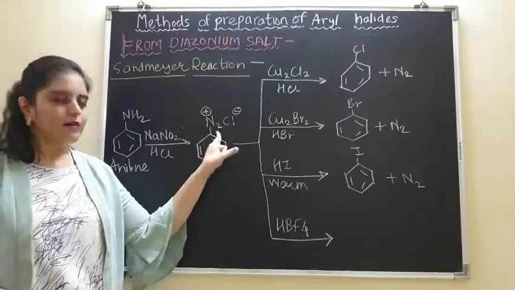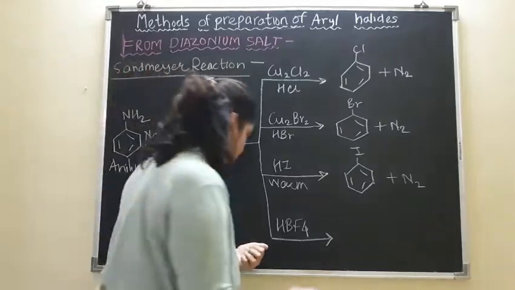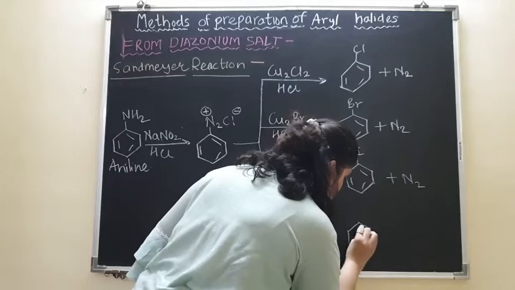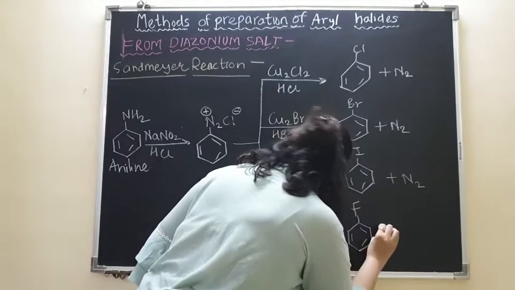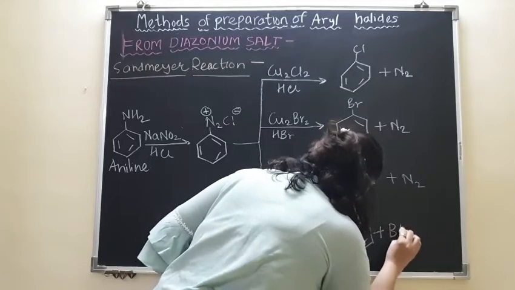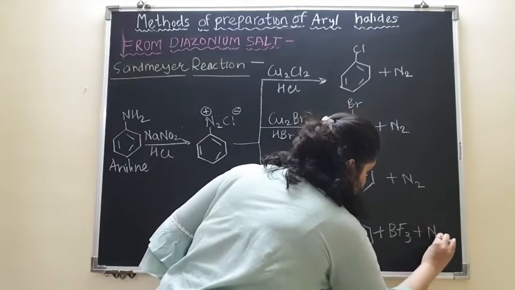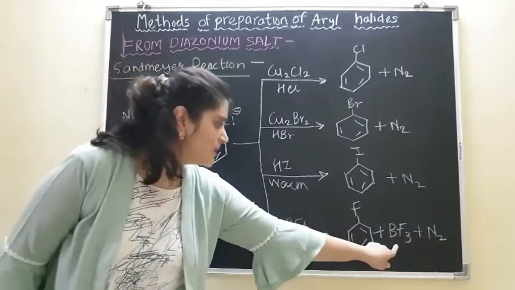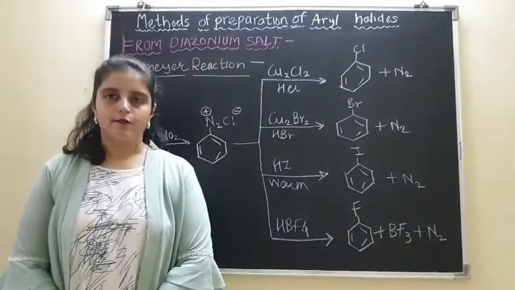So our fluorine will be inserted in the aromatic ring. So we get fluorobenzene plus BF3 plus formation of nitrogen gas.